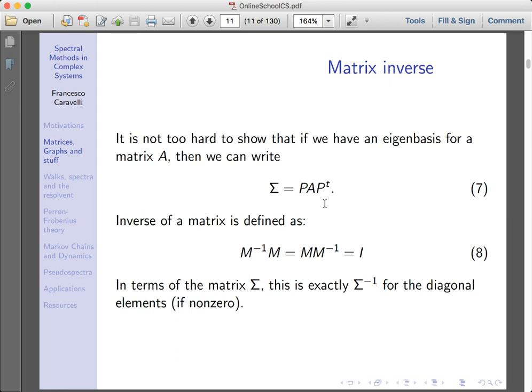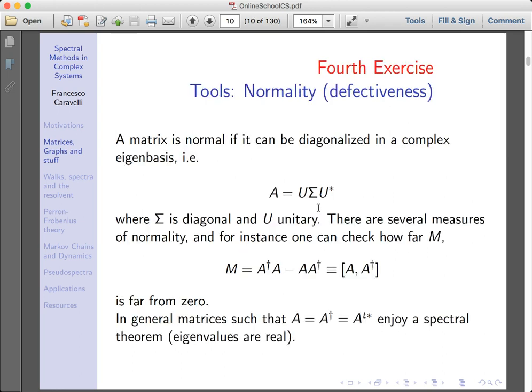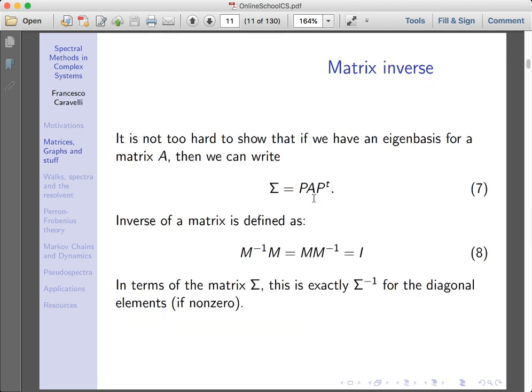If you know the eigenvectors and the eigenvalues, then it's easy to calculate the inverse if the eigenvalues are non-zero. You simply, in this first equation here, replace sigma with sigma to the -1, which is basically the same as saying take 1 over the eigenvalues. And this is a way of calculating the inverse.